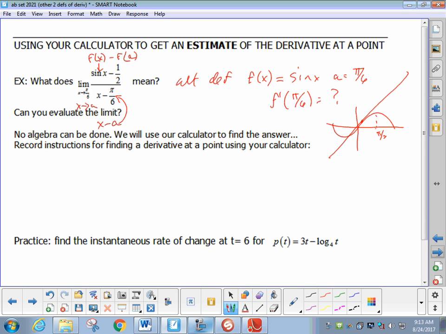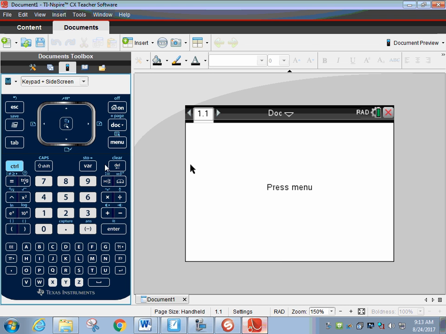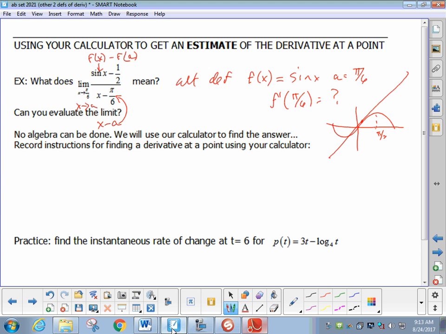It's just a darn good estimator, as Ms. Cannon always says. So would you please go to your calculator and let's take a little look at how you put this in. Now I could graph this and see what the graph approaches and do a limit in the table-y kind of way, but instead we're going to do the derivative in the calculator.